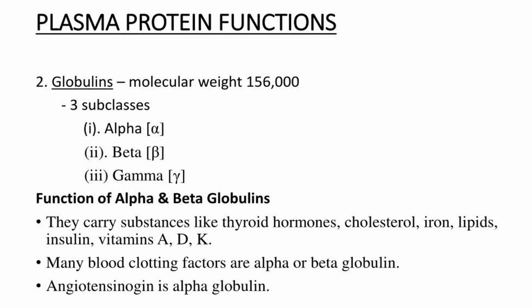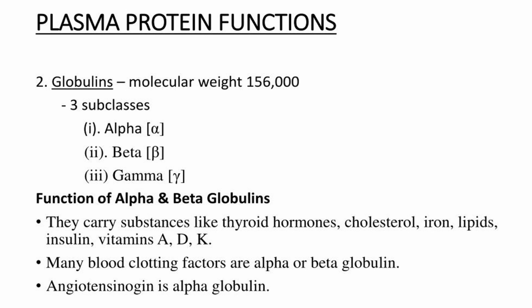You can see that they carry substances like thyroid hormone, cholesterol, those hormones which are steroidal in nature like cortisol, aldosterone, and then free fatty acids, iron, insulin, and fat soluble vitamins like vitamin A, D, and K.